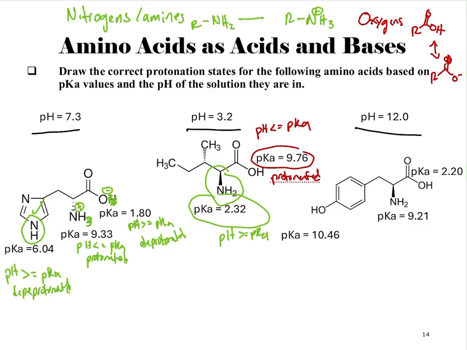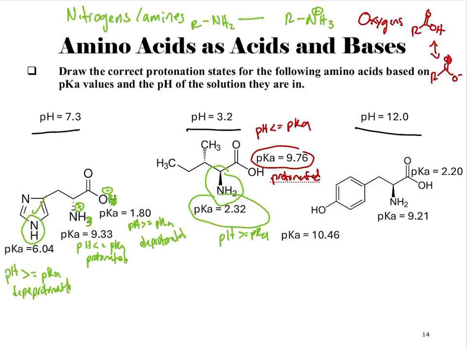Okay, and so let's look at this last one. So here we see we don't have a carboxylic acid group, but this proton can be thought of as being pretty acidic here, right? For an alcohol, because alcohols tend to not be acidic. They don't create H3O plus when you put them in solution. But this one, for some reason, does have a relatively low pKa value compared to other alcohols.